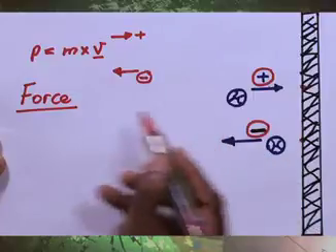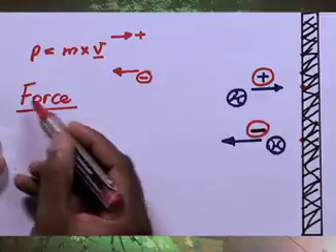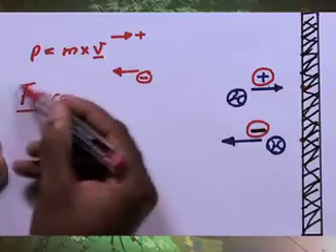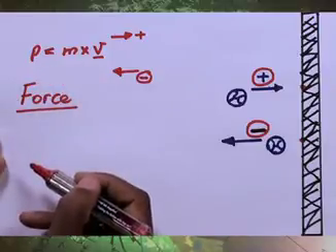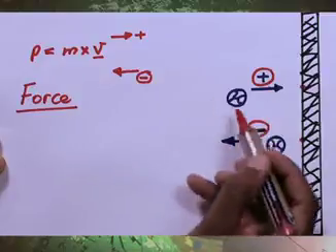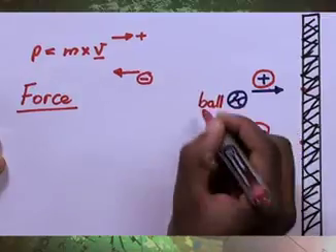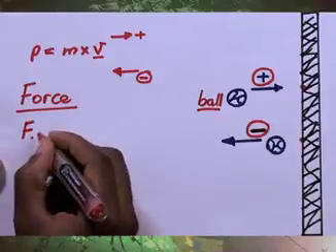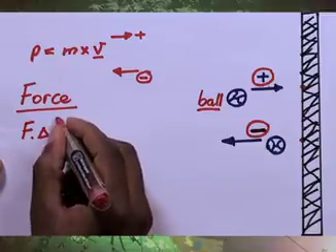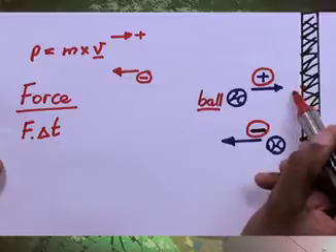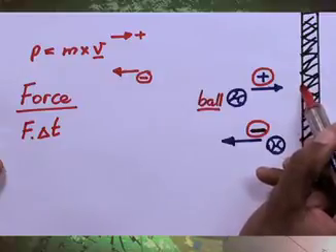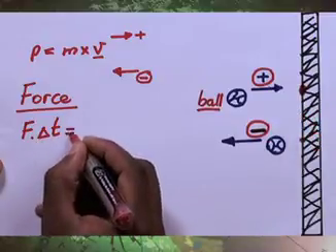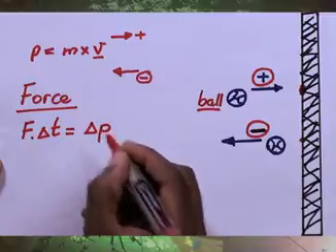Now, can we know how long this force acts? Because how long the force acts will tell us how much change in momentum has occurred on our object, in this case our ball. If we get the product of the force and how long, so upon hitting this wall, how long the ball and the wall were in contact with each other, that time is going to give us our change in momentum.